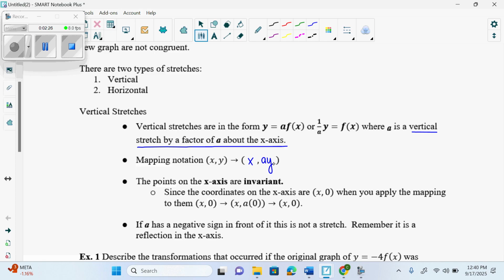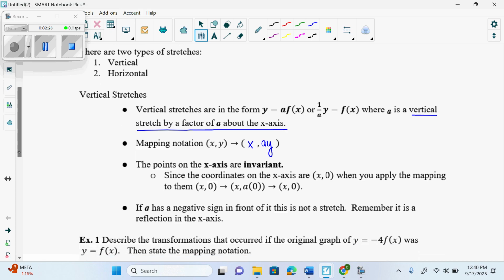So the points on the x-axis are invariant. And the reason why they're invariant is if I had a coordinate here and this coordinate was 2, 0, my mapping is x, y goes to x, a y, correct? So x, y would become x, a y.